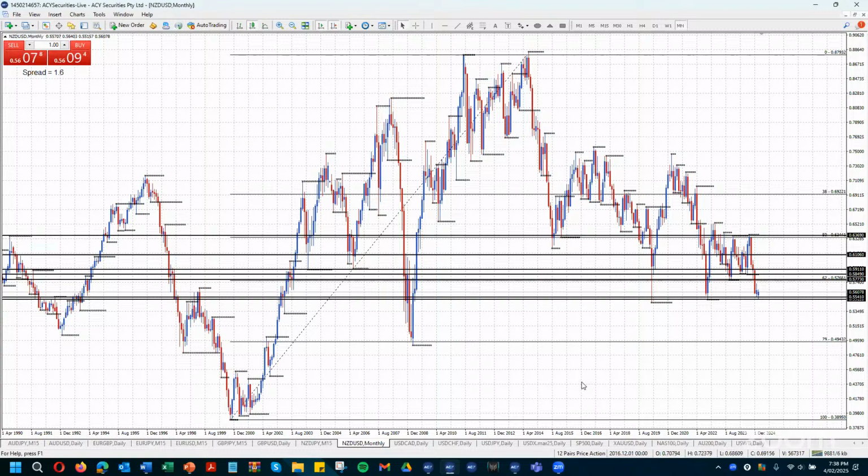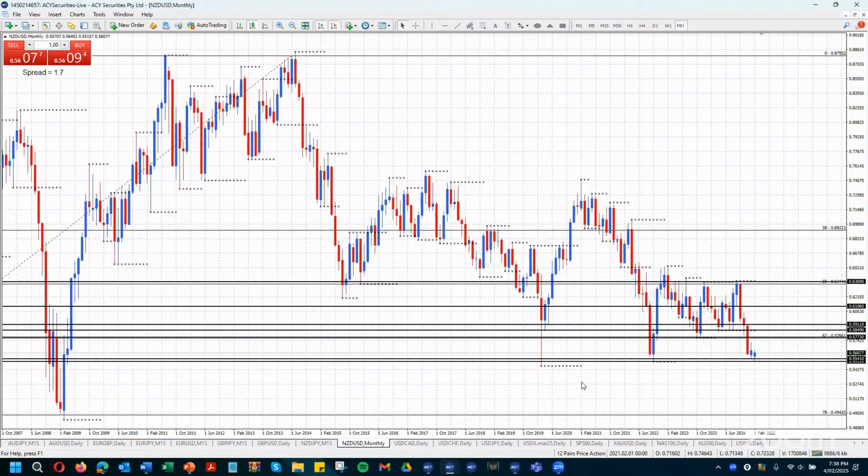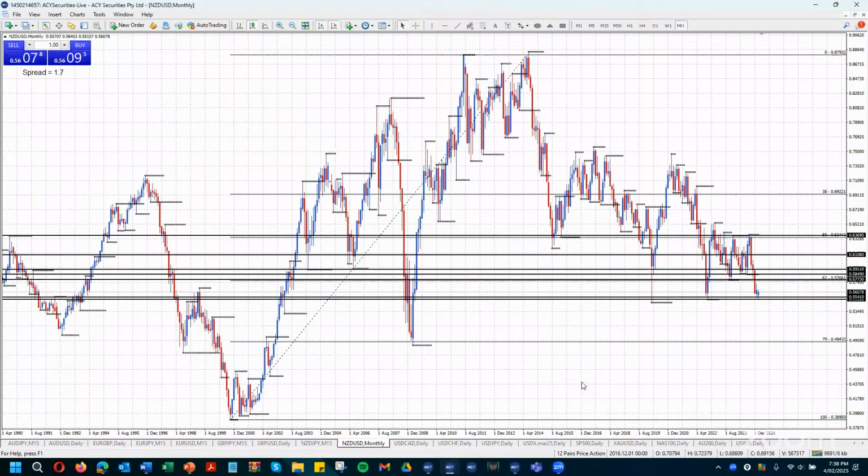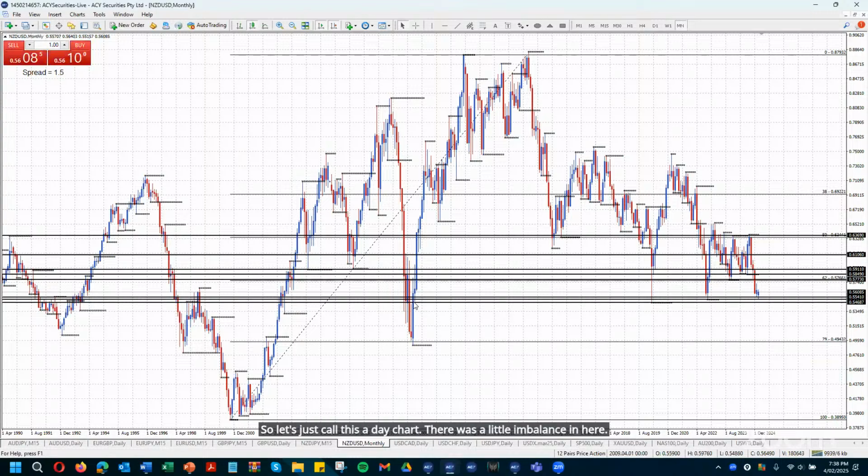If this was, let's say this was a daily chart rather than a monthly chart. This move down here. So let's just call this a daily chart. There was a little imbalance in here. This comes down to the imbalance, right?